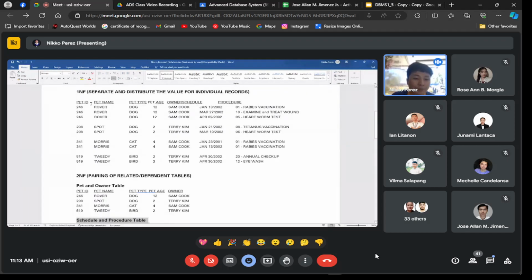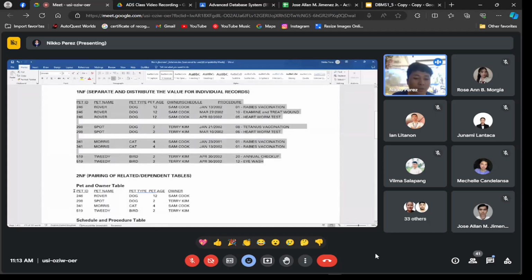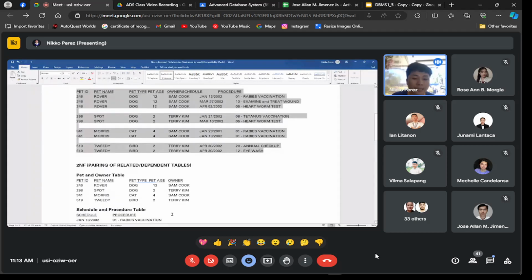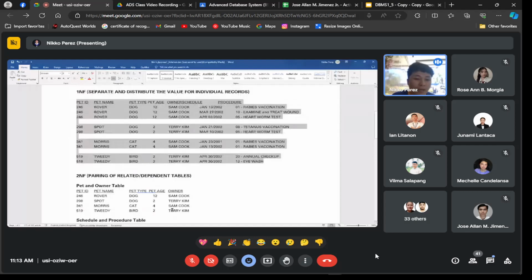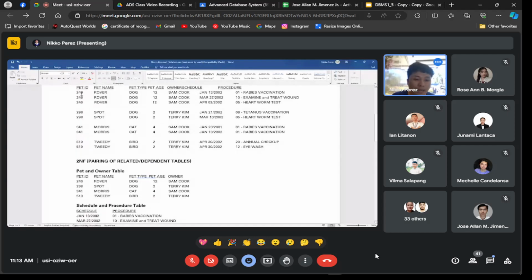And if you notice from our first normal form to our second normal form is that, di ba, repeated man ang Rover dog dari multiple times. But here we only get one representation. No, kay mao man gihapon ni siya nga Rover nga dog. Kay if we check the ID number mao man pod ang owner. So meaning isa ra jud ni siya nga Rover.